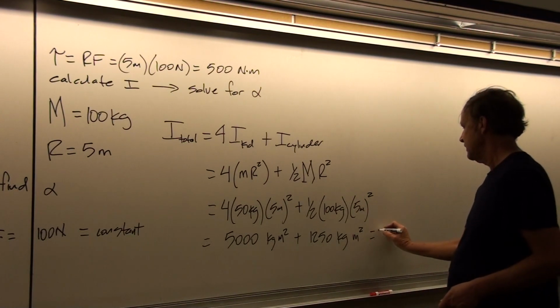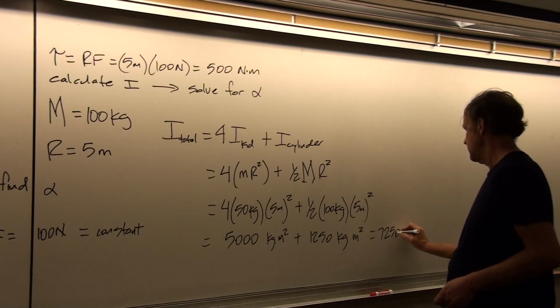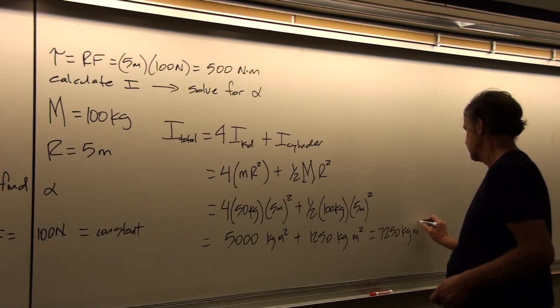So this would be 6250 kilogram meters squared for I.